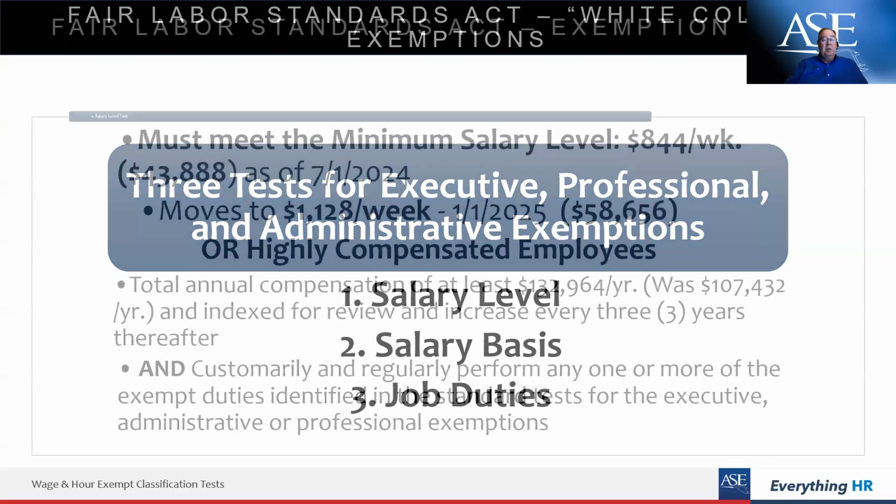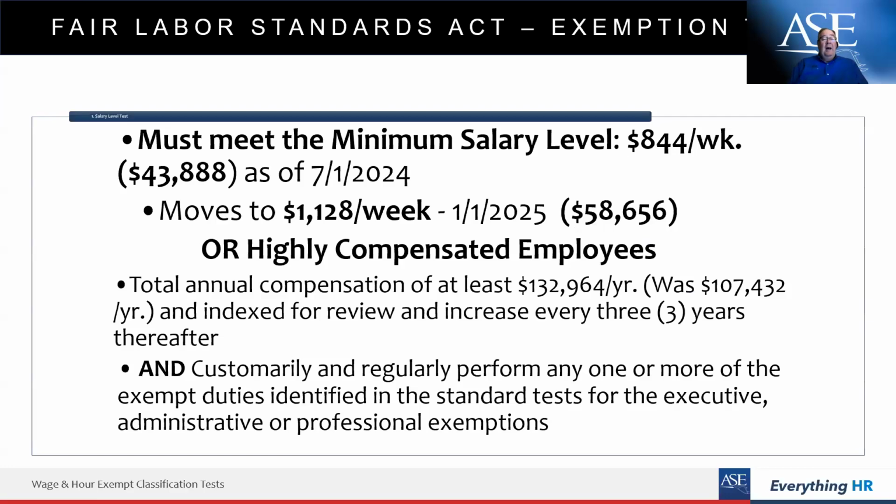And let's take a look at those really quickly. Again, they're going to have to meet the salary level test starting next week, which increases to $844 and then up to $1,128 per week. We talked about the highly compensated, and they must also meet the job duties tests that we're going to see right here.